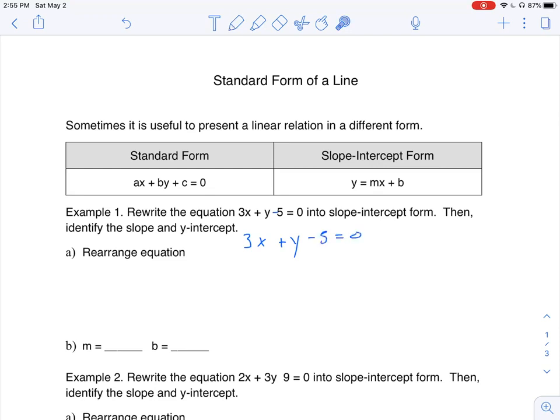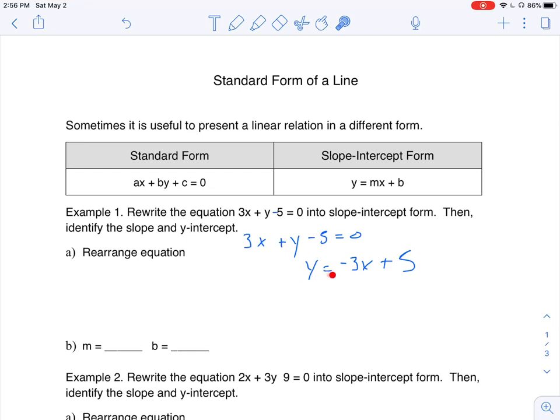Well, I'm looking for slope-intercept form, which is y equals mx plus b, or y is isolated. So if I go ahead and isolate my y, I can just leave y there and I'll shift the 3x over and I'll shift the negative 5 over. So I have y equals negative 3x, and then that becomes plus 5.